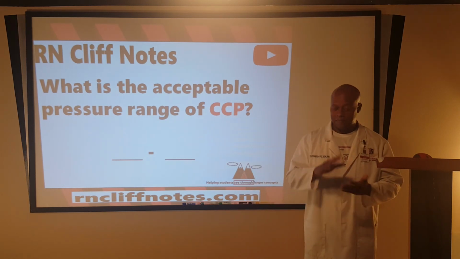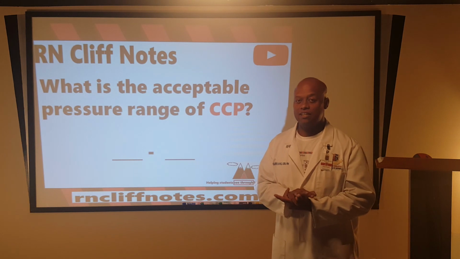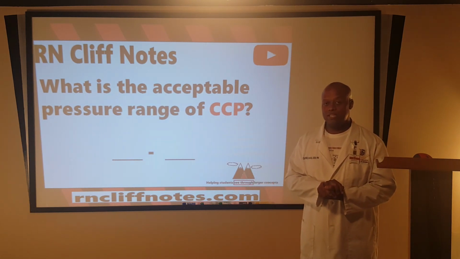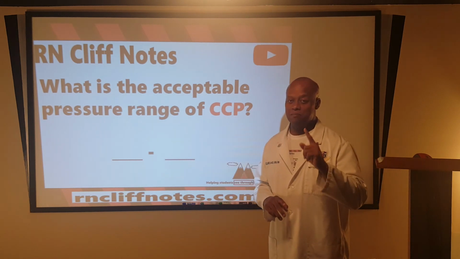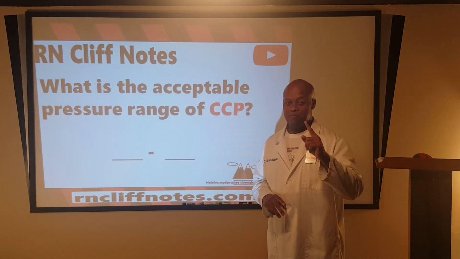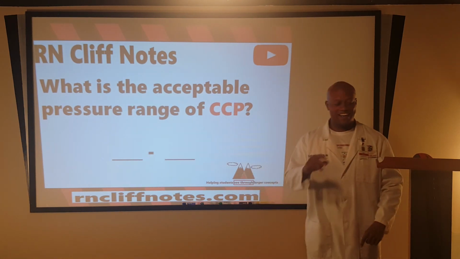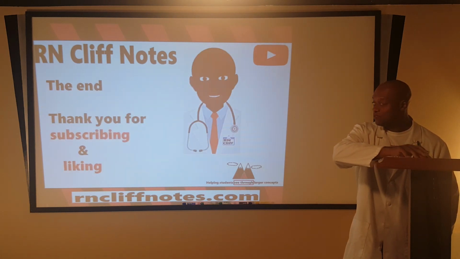So again, that was a mean arterial pressure of 115 and an ICP of 20. And what did you get for the CPP? You should have come up with 95, right? Excellent. Okie dokie. All right, so we know that that's 70 to 100.